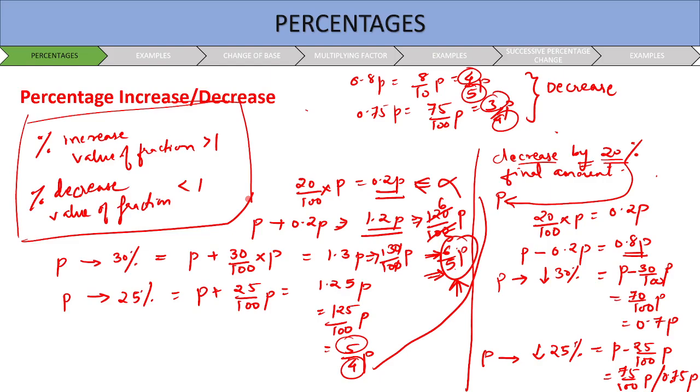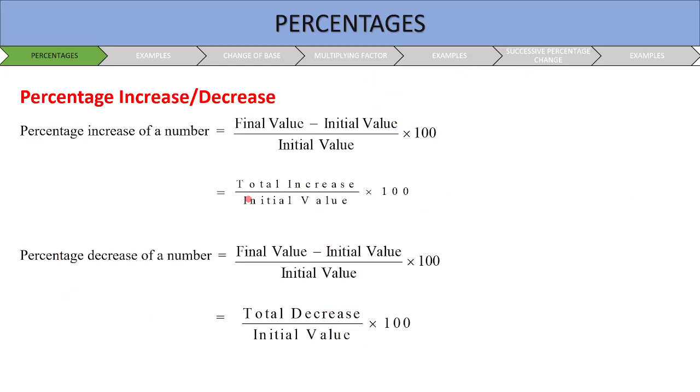Okay, so moving towards the next point. Now percentage increase and decrease in terms of a value. So let's say you initially have 1,000 rupees in the month of, let's say, January, and in the month of February your salary increased and you got a new salary.